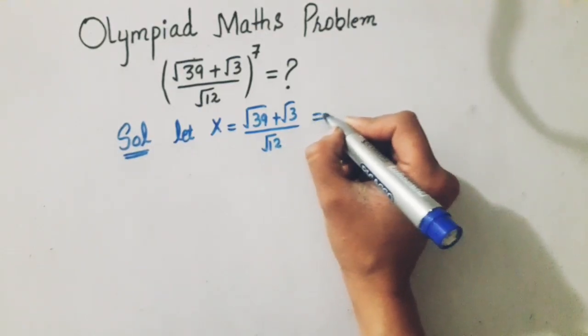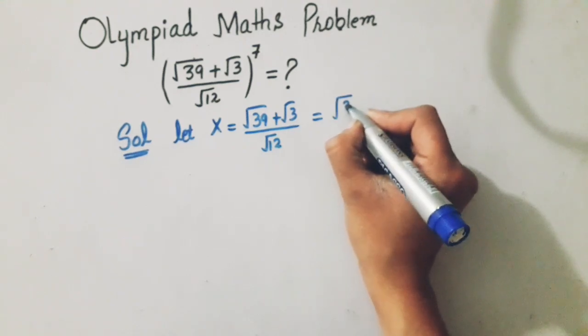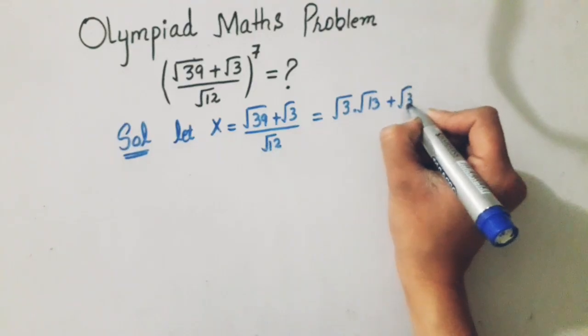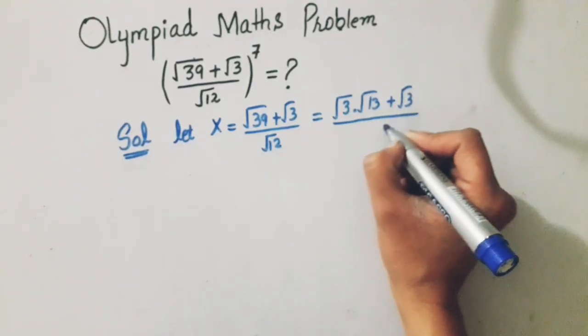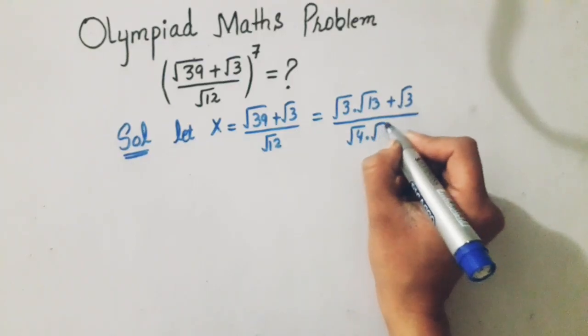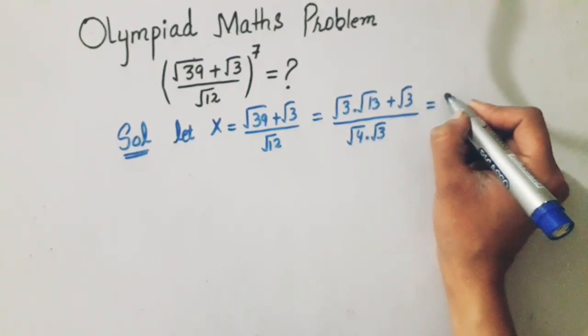and this will become: root 39 can be written as root 3 times root 13, plus root 3, divided by root 12, which can be written as root 4 into root 3. Now we can take root 3 as common.